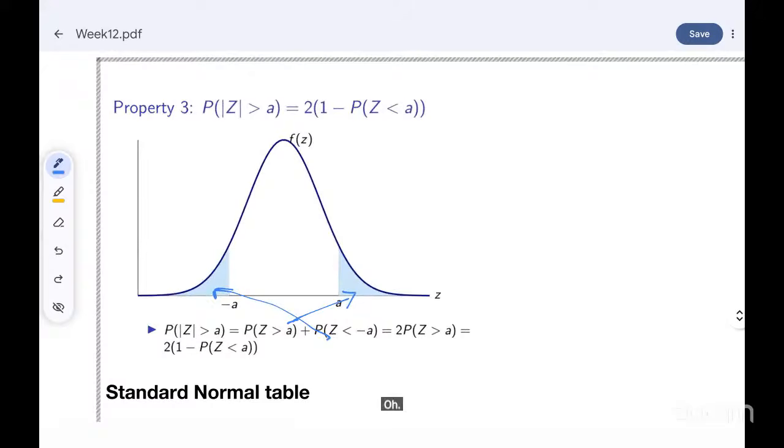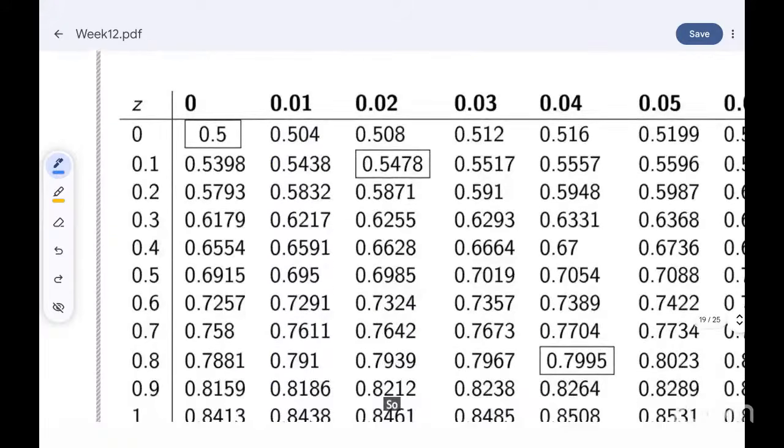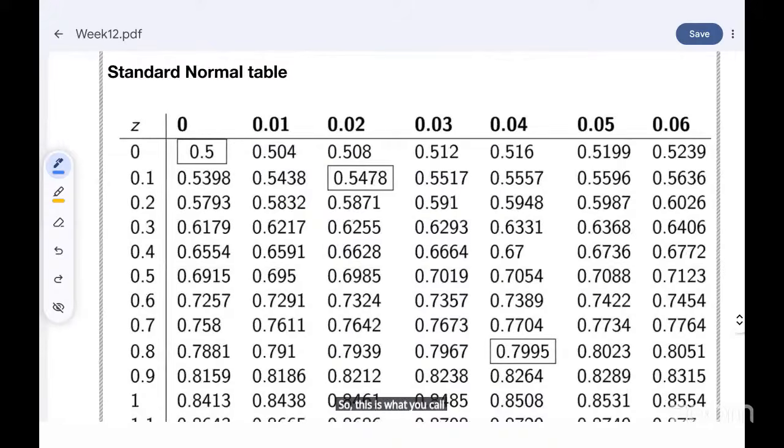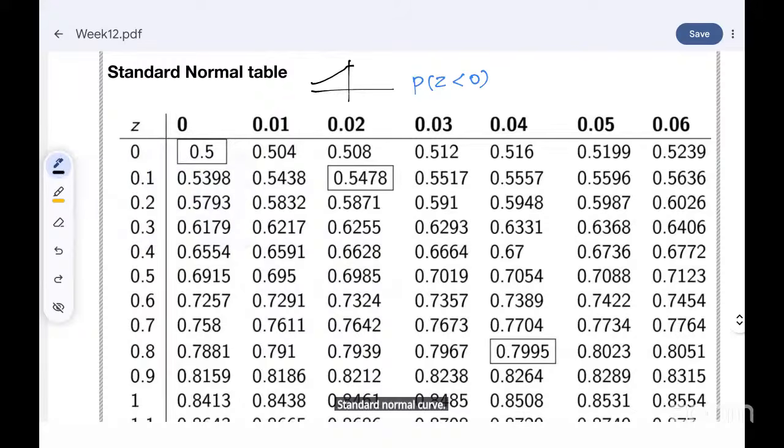Okay. Let's look at some problems now. Before going to the problems, we should know how to read a Z table. This is what you call the standard normal table. So how to read this table? For example, what is the probability that Z is less than 0? In your standard normal curve, what is the probability that everything is less than 0?